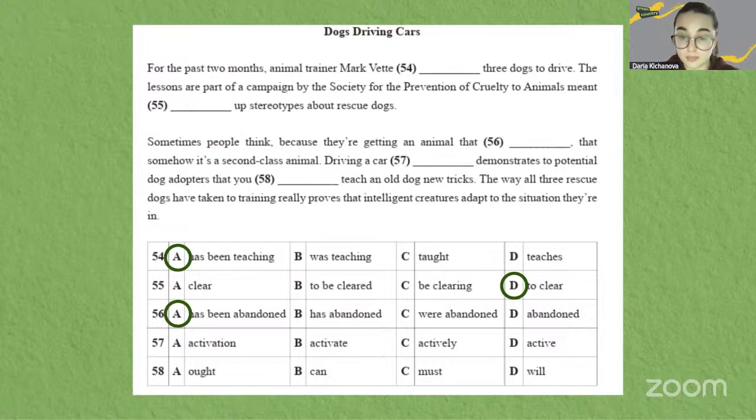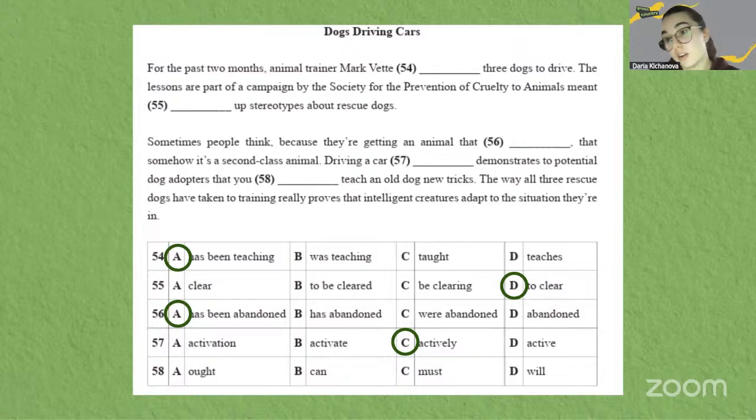So there, we need to understand the correct answer will be actively. So we drive a car how? Actively. Okay, good job.